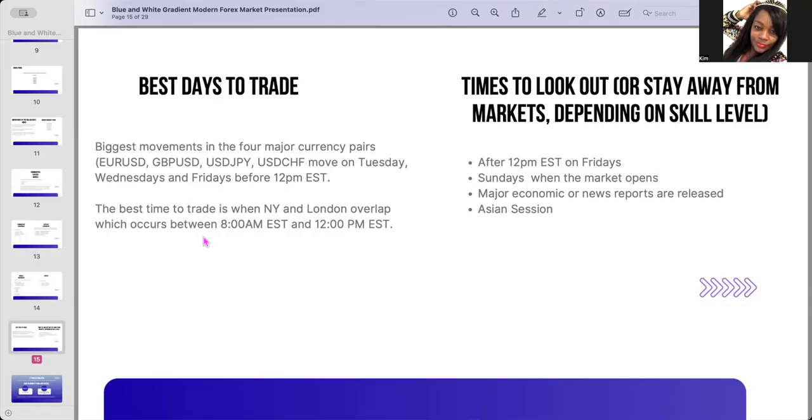From 8 o'clock to 9:30, really it only takes me about 5 minutes to analyze my chart. But at 8 o'clock, I can look at it. I can set up a limit or analyze the chart for when the market opens.